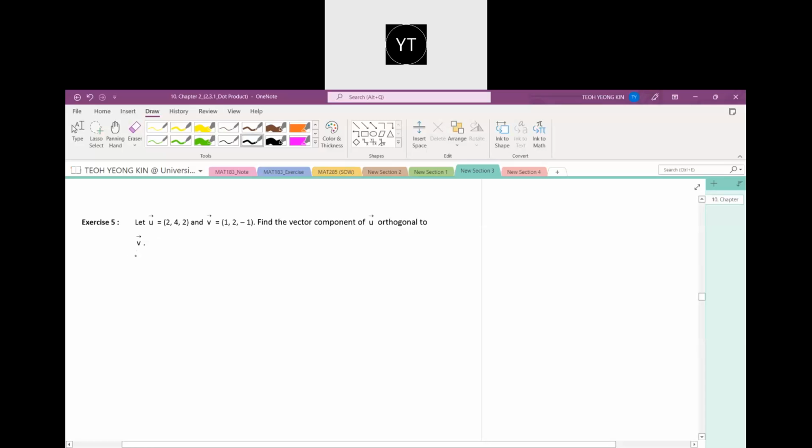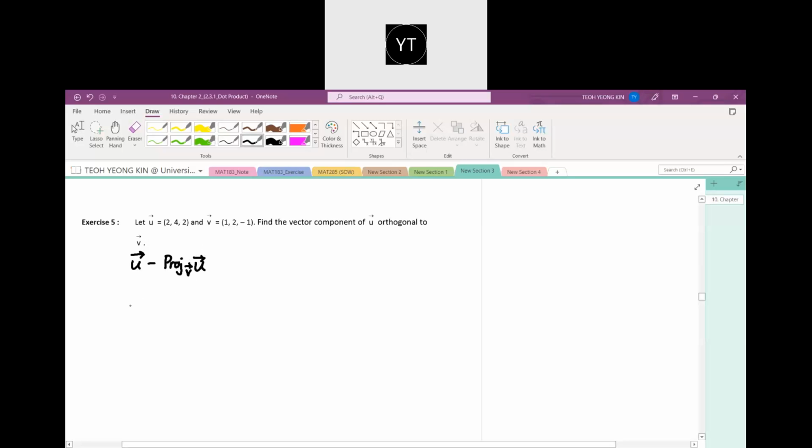What we should do is use the vector u minus the projection of vector u onto vector v. So that means first we have to find the projection of vector u onto vector v.